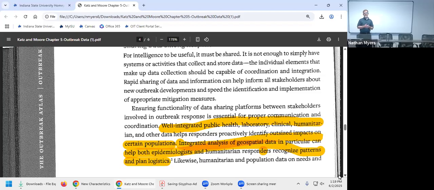So it says, well-integrated public health, laboratory, clinical, humanitarian, and other data helps responders proactively identify outsized impacts on certain populations. So if it's particularly hitting the elderly hard, or if it's particularly hitting children hard, or people in the medical profession, our ability to bring these different data sources together will help us to determine that faster.